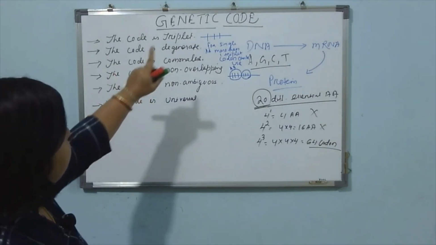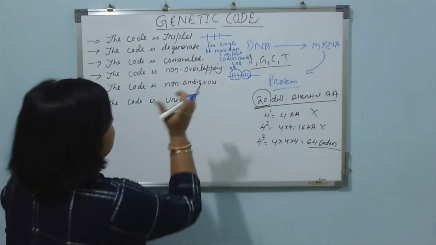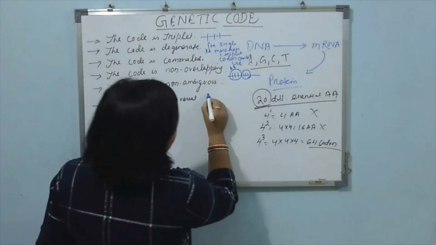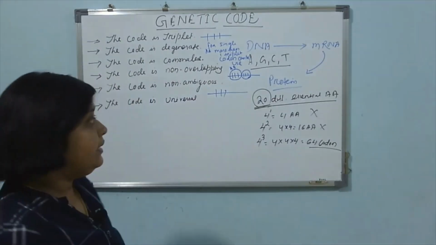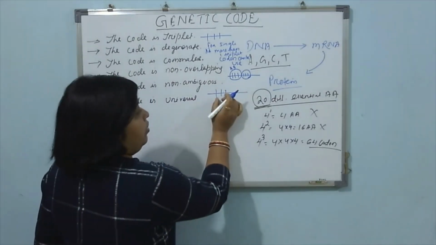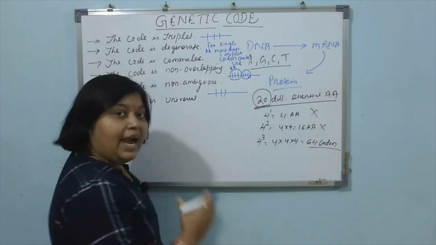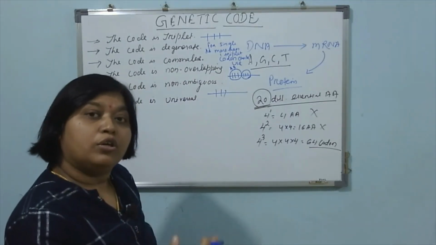The fourth property of the genetic code is that it is non-overlapping. Non-overlapping means, suppose this is the triplet codon for one amino acid. Any codon from this triplet codon can't be used for another amino acid.